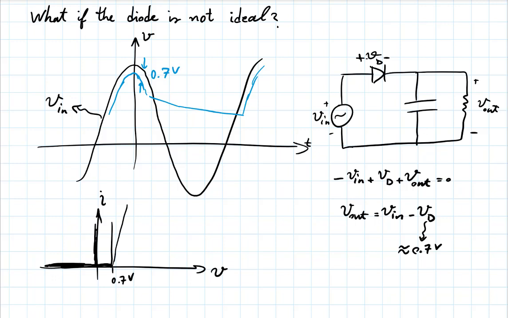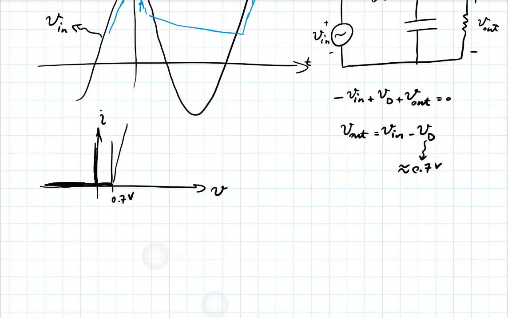What if you made it even more sophisticated? So you had an actual exponential behavior for the diode, or maybe this is too exaggerated, something like this, right? So same thing. Again, the current and voltage have a kind of non-trivial relationship.